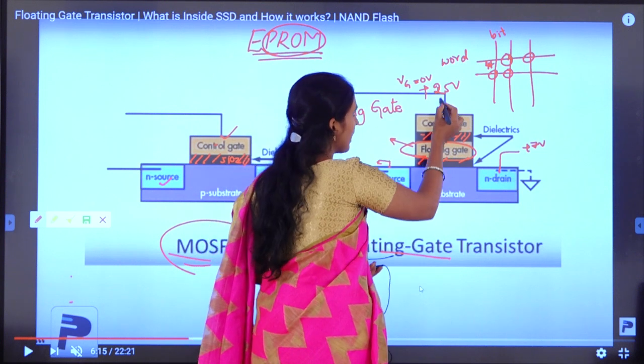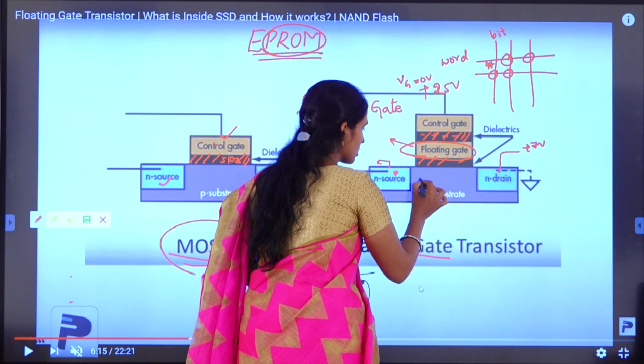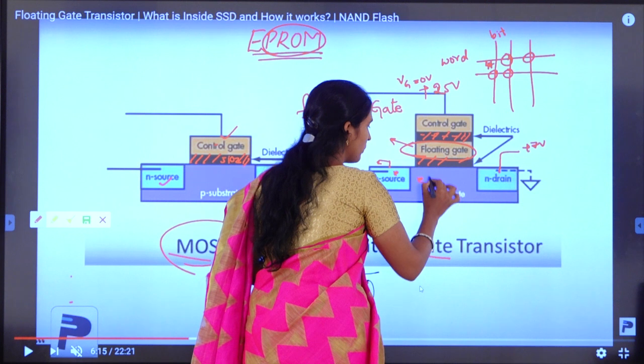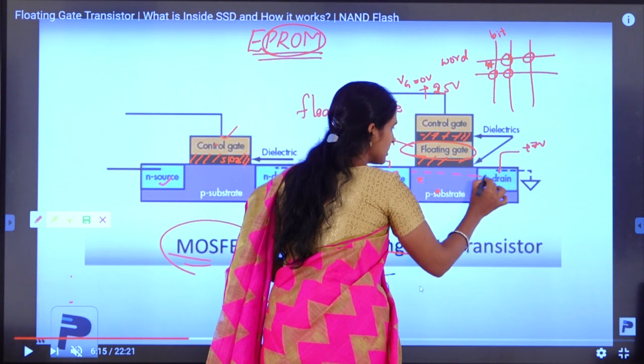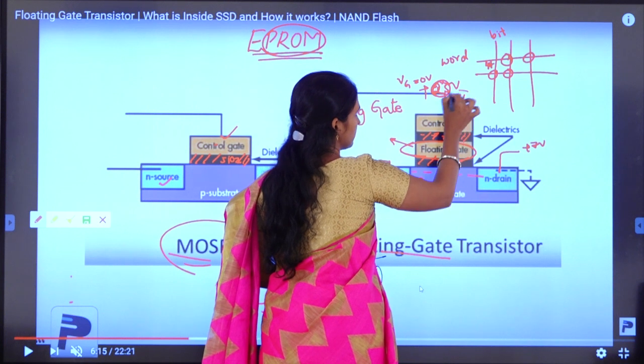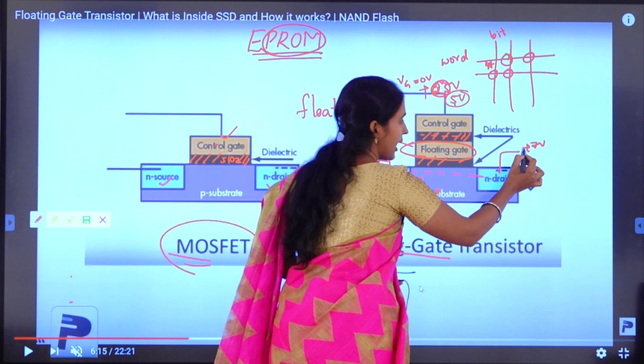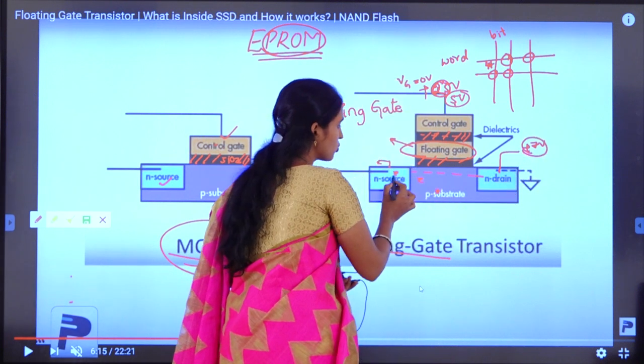As you are providing 7 volts, the electrons get pulled up and start moving.